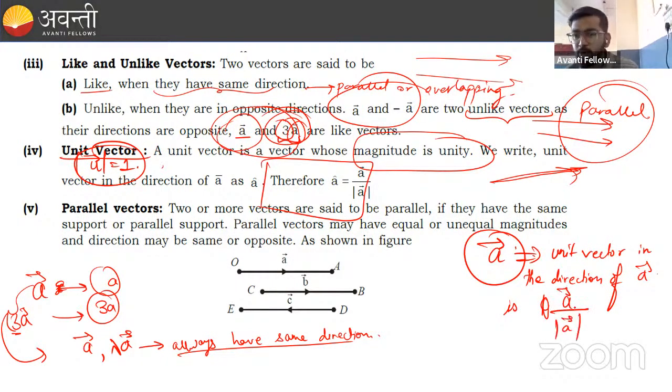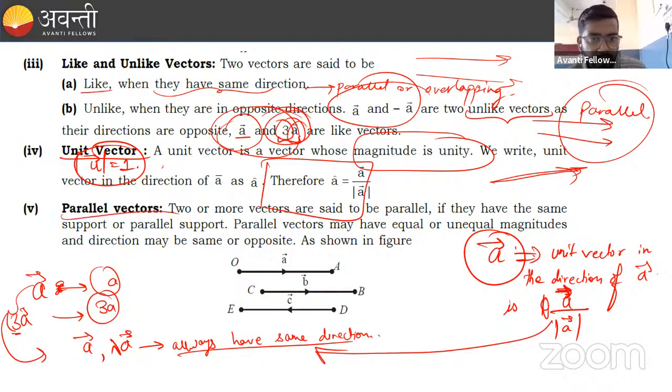A bar has magnitude a; when you divide that magnitude by the same thing, the magnitude turns out to be 1, but the direction remains the same. This comes from two concepts: first, that A bar and lambda A bar always have the same direction, and to make the vector a unit vector, you divide it by its own magnitude.